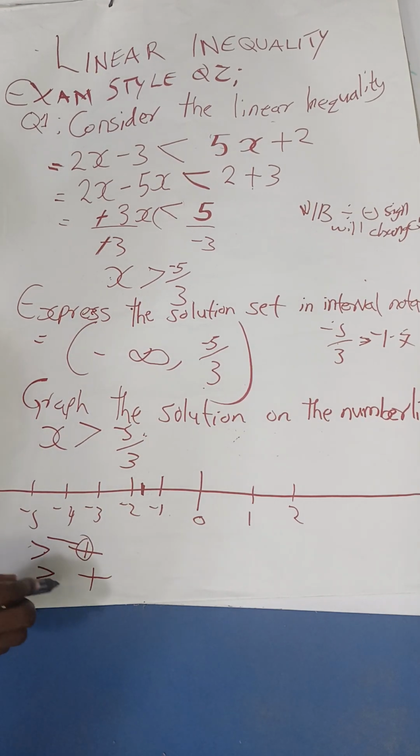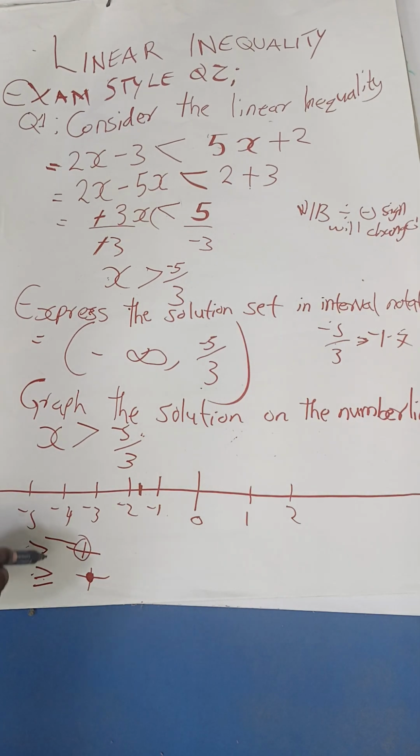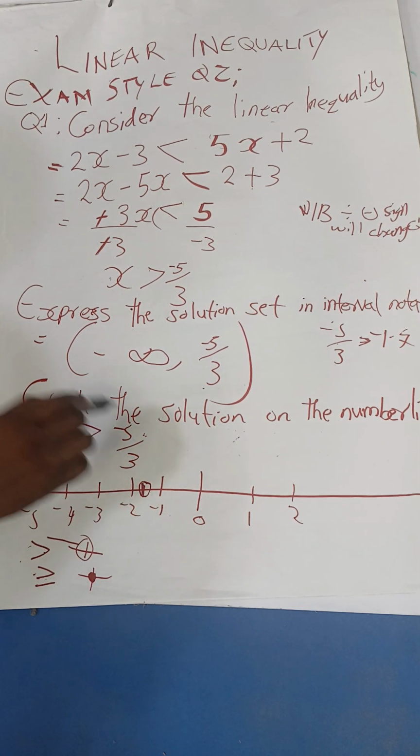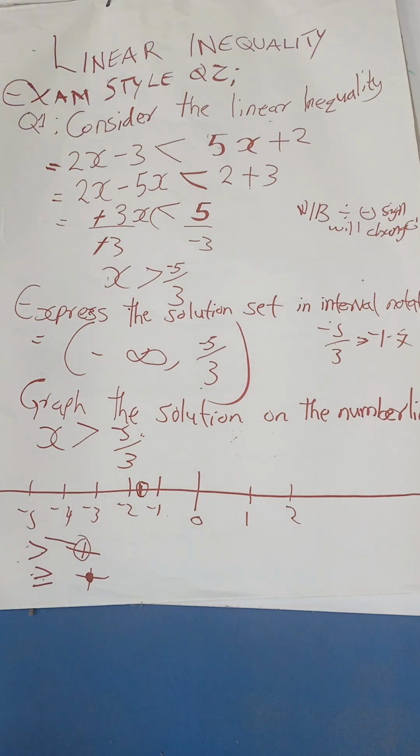But if you see this sign, you'll have to put that strong dot there, which shows that -5/3 is inclusive. So here I'll just put a small circle without a strong dot. Then it is x is greater than -5/3.